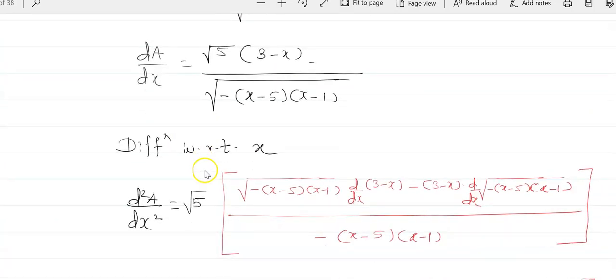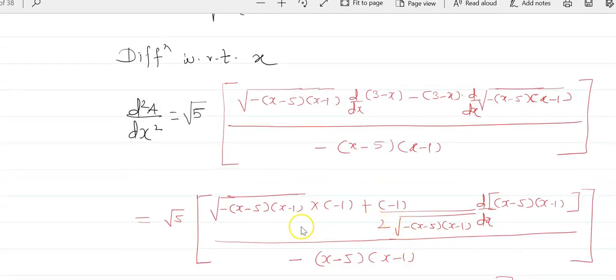Using the quotient rule, u upon v, this is the v: derivative of u into v, minus u into derivative of v, upon v squared. And after simplification, finding the derivative of 3 minus x, that is minus 1. This is again the derivative.